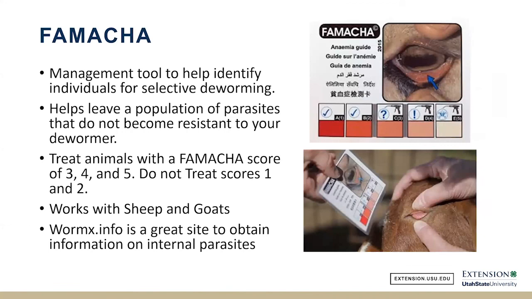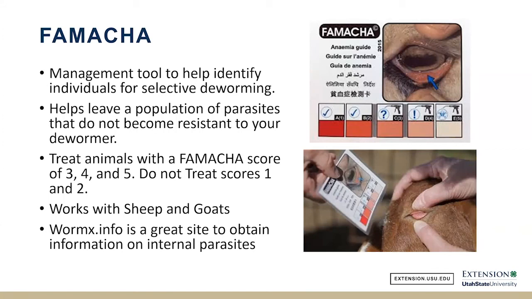And this is called FAMACHA. And essentially what we're doing is we're reading how anemic the animal is based on that mucous membrane next to their eye. So we score it on kind of an objective scoring of 1 to 5, how anemic they are. And what we do is we only treat the animals that are more anemic. So if they score a 3, 4, or 5, we treat them with our dewormer.